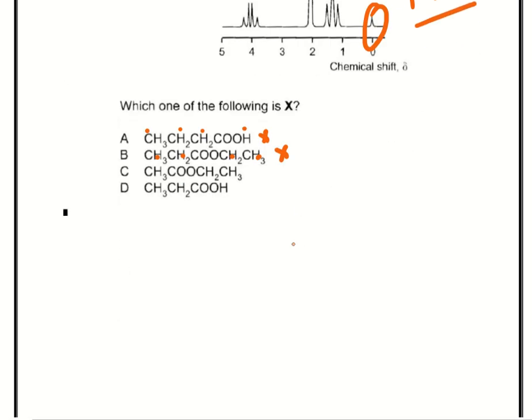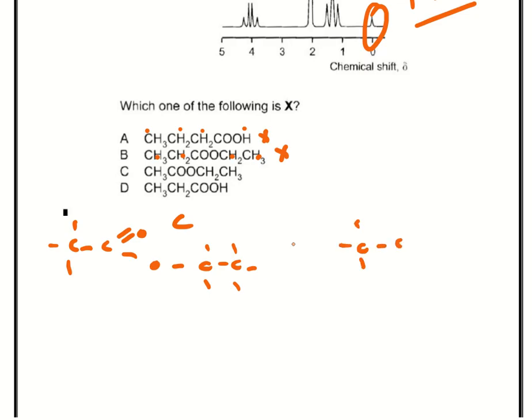Let's look at C. C, we have 1, 2, 3 environments, so we'll draw it out just to look at it in a bit more detail. Okay. So we have 3 peaks, so it might be C. And let's look at this one. So we have 1, 2, 3. Okay. Right, so we've got 3 different environments in both of those.